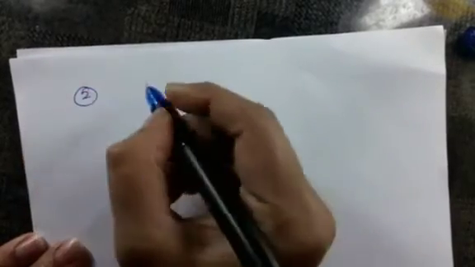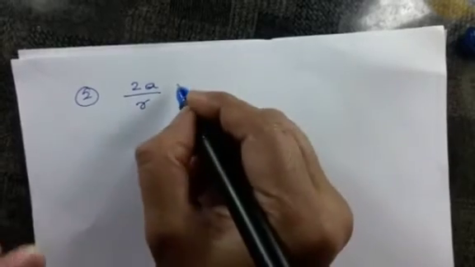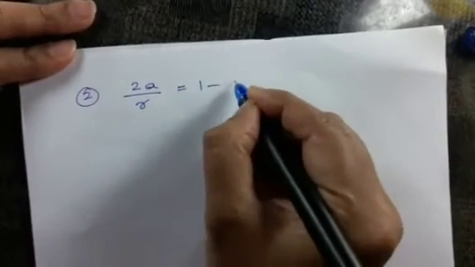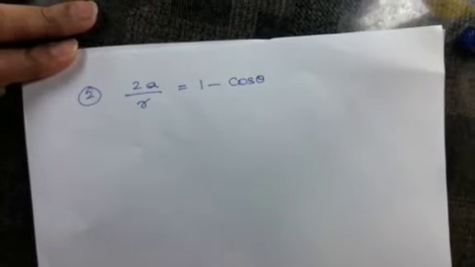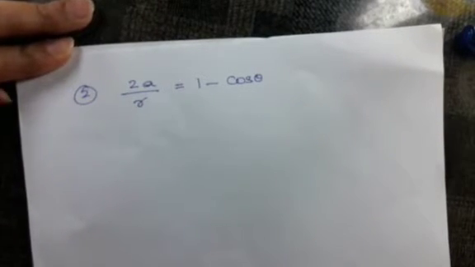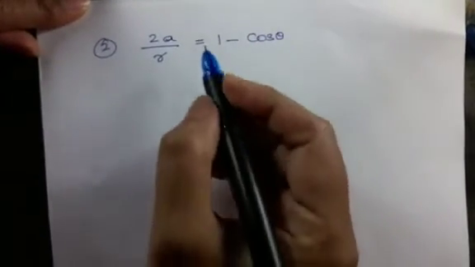What is the angle between the radius vector and tangent to the curve? The second curve is 2a by r is equal to 1 minus cos theta. Again the same procedure: take log on both sides and differentiate with respect to theta.